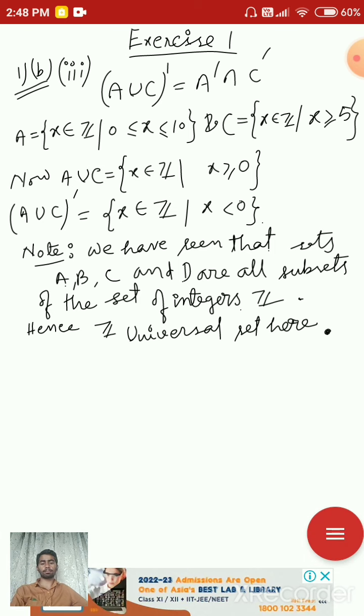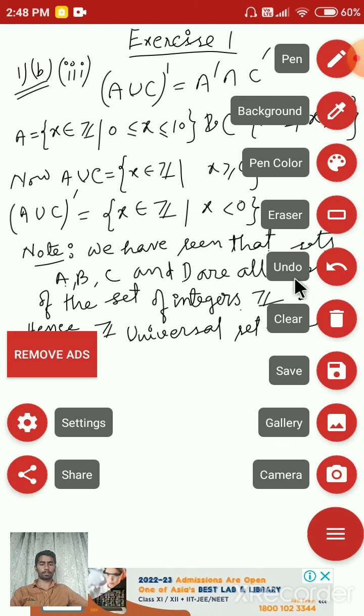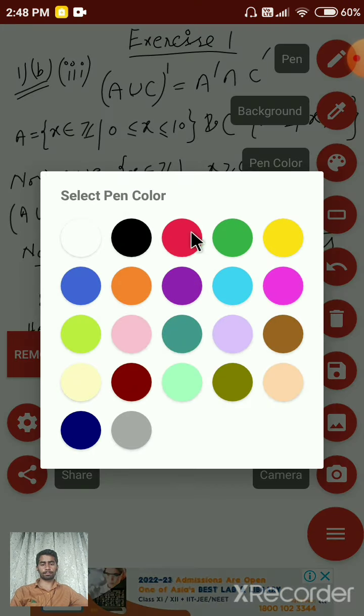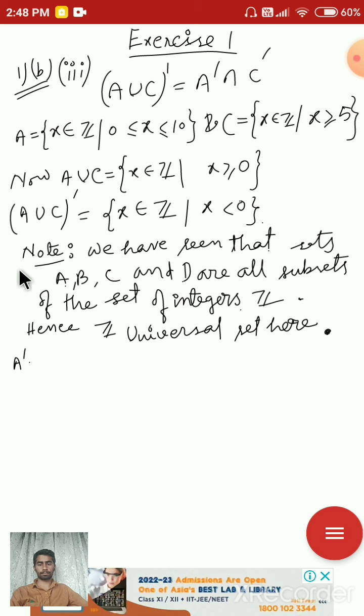Okay, keeping this in mind, we will find out the right hand side, that is A complement intersection C complement.